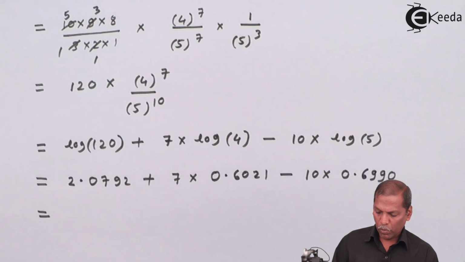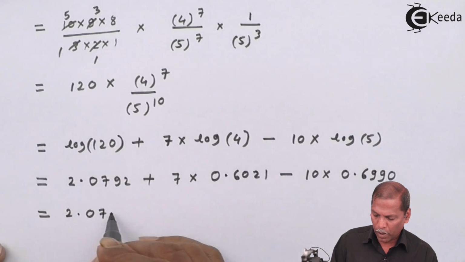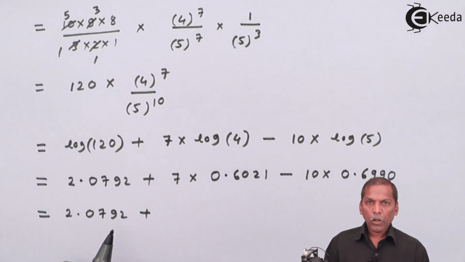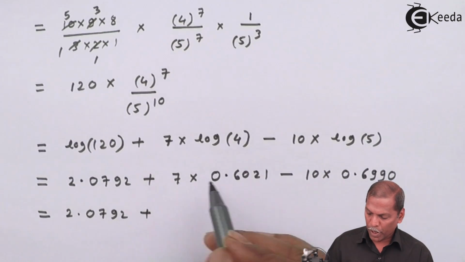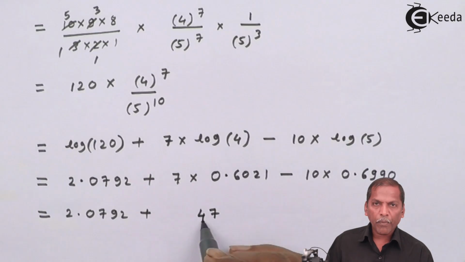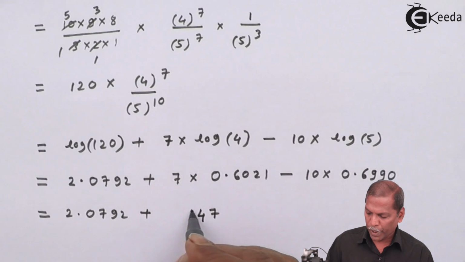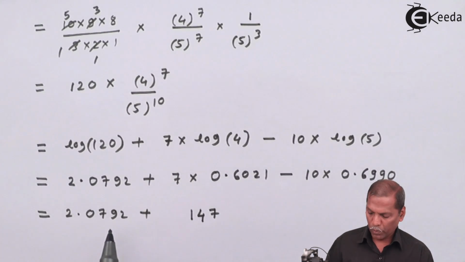So that is equal to 2.0792 plus. Here we have to go for multiplication. 7 ones are 7, 7 twos are 14, carry 1, 700, so carry 1 we write as it is, and 7 sixes are 42.